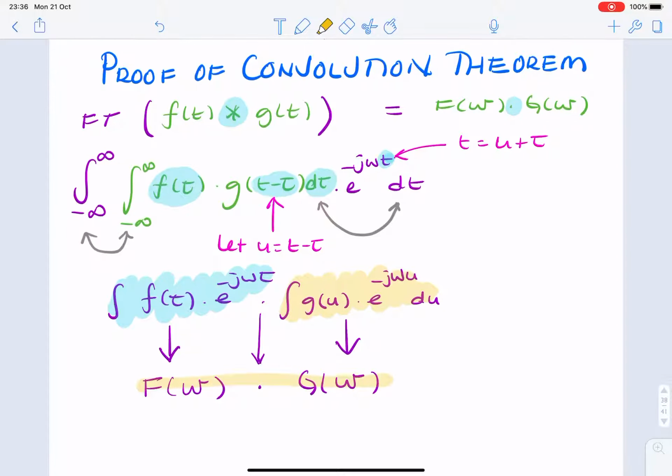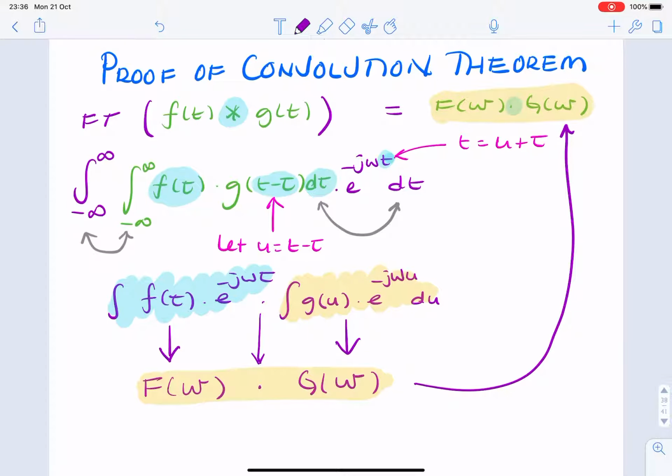So I've just shown that the Fourier transform of the convolution of two signals corresponds to the product of the two spectra. So that is the convolution theorem, or the convolution property of the Fourier transform.